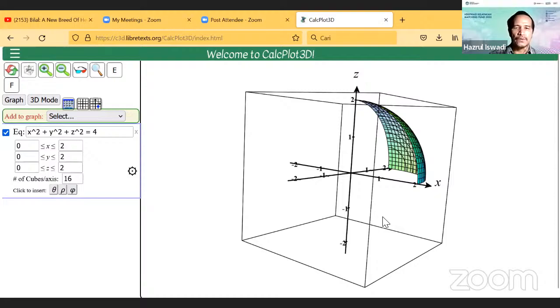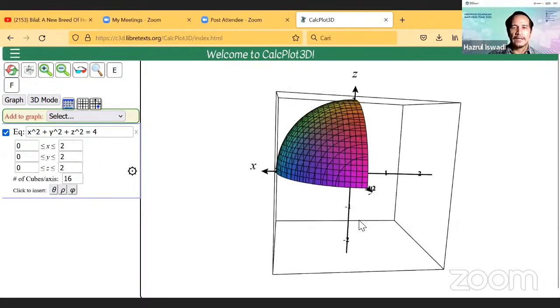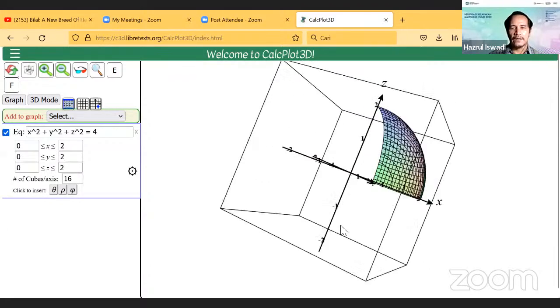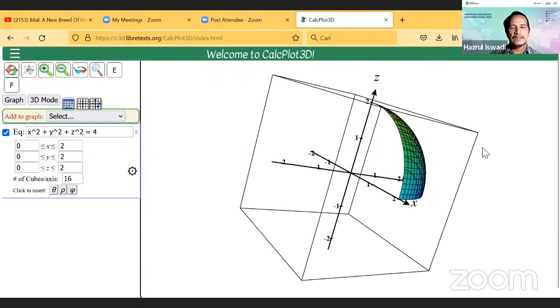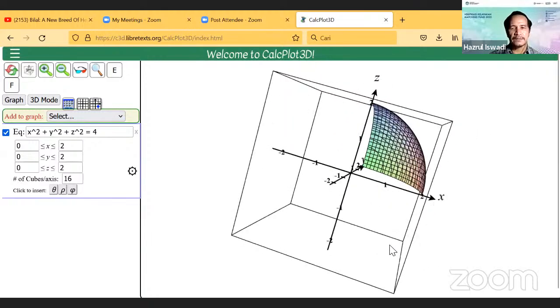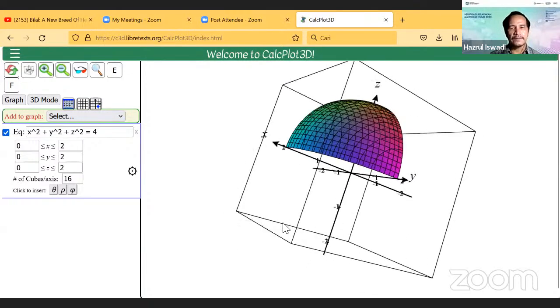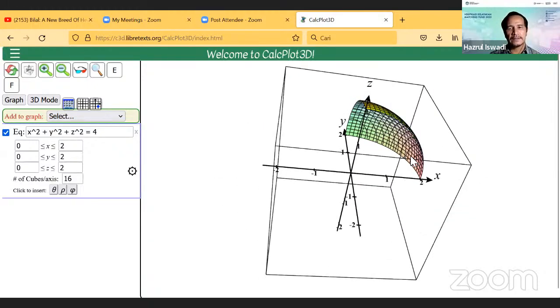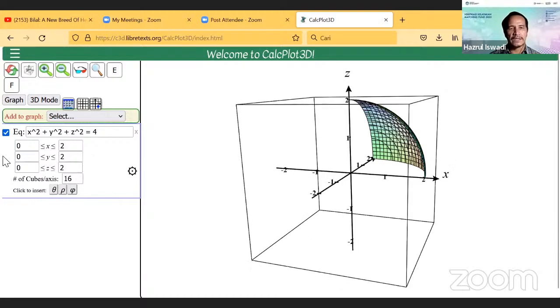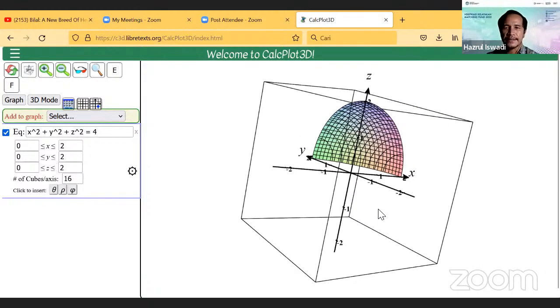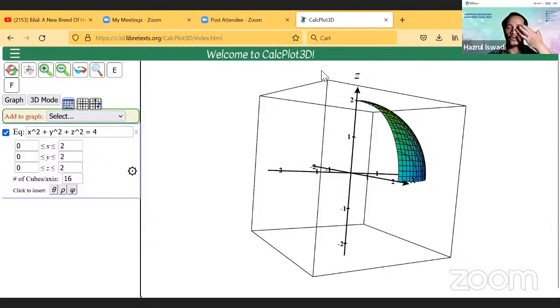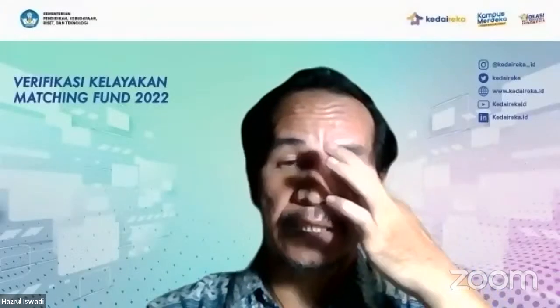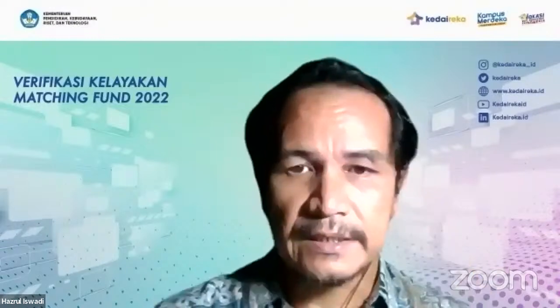So you look at that. This is the sphere in the first octant. You know that the first octant means positive x, positive y, and positive z. Okay, this is the drawing of the surface in the third exercise.